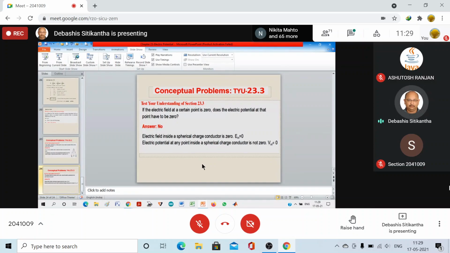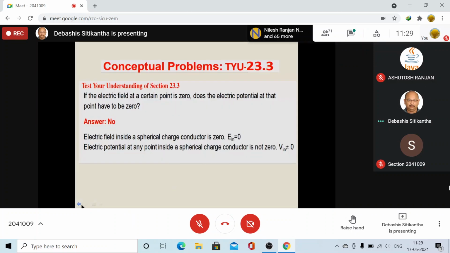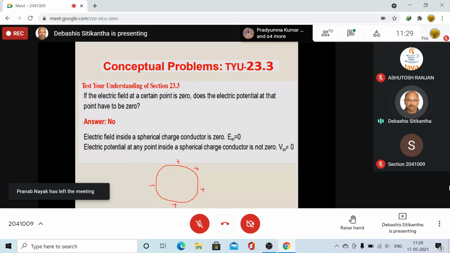So basically, you have a conducting sphere which is hollow in nature. Hollow means all the charges are on the surface, both inside as well as outside of the conductor. In this case, let us consider the point P, which is at the center of this conducting sphere.